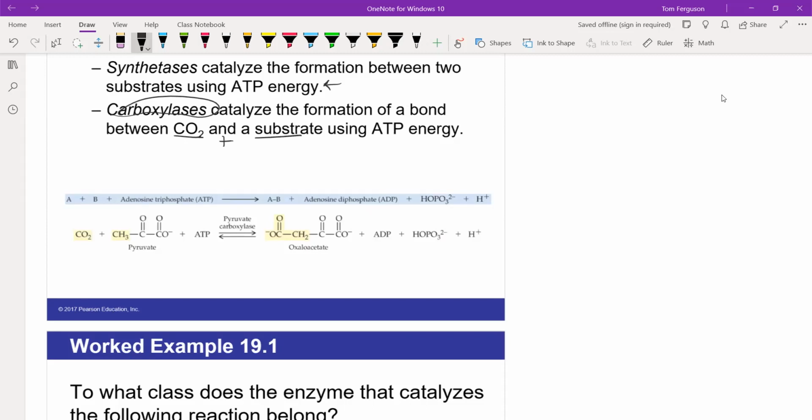Basically, we're adding a carboxyl group to the substrate somewhere. And in this case, we're adding it to this tail end methyl group right there. That's being added via this, and this is pyruvate, so it's pyruvate carboxylase.